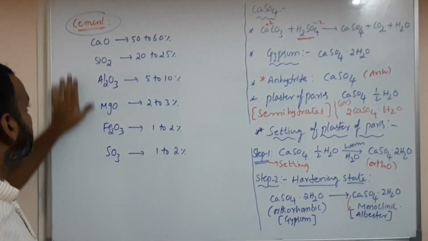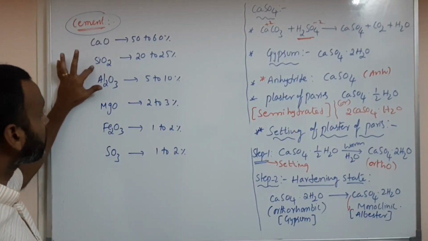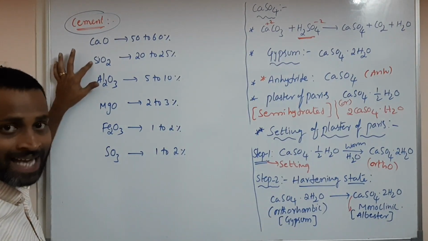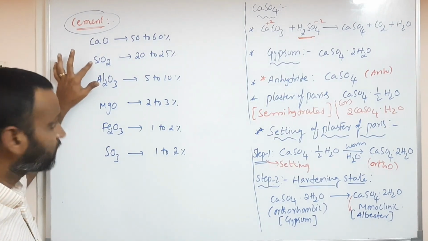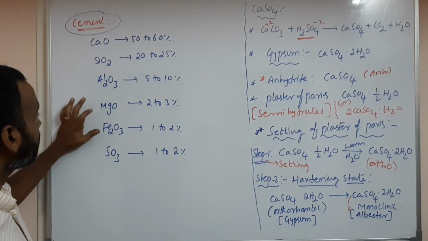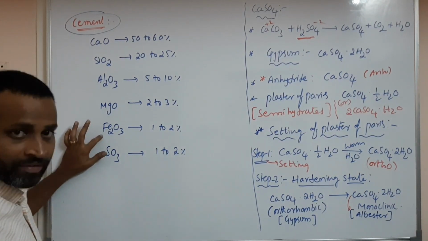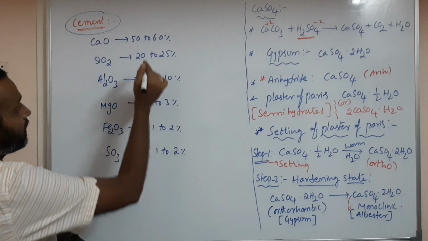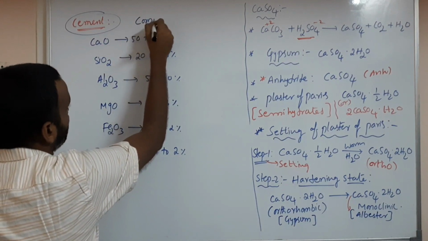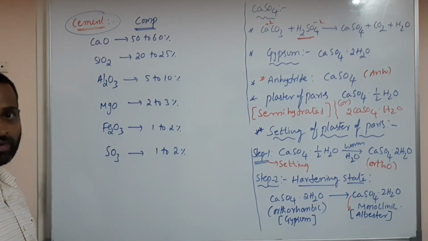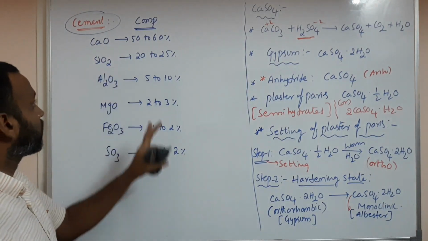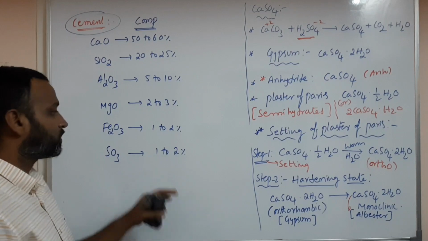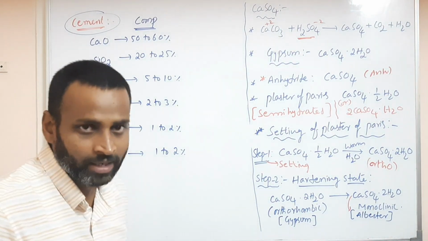The components we use in cement manufacturing are calcium oxide, silicon dioxide (sand, silica), alumina, magnesium oxide, Fe2O3 and sulfur trioxide, with their compositions: how much calcium oxide, silicon dioxide, Al2O3, MgO, Fe2O3 and SO3.